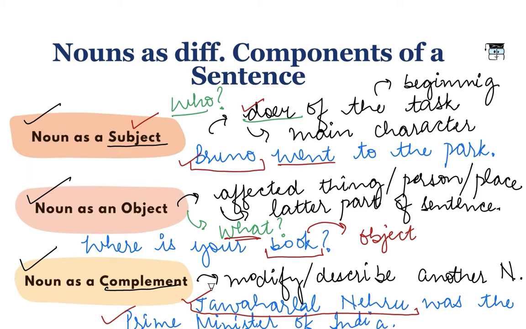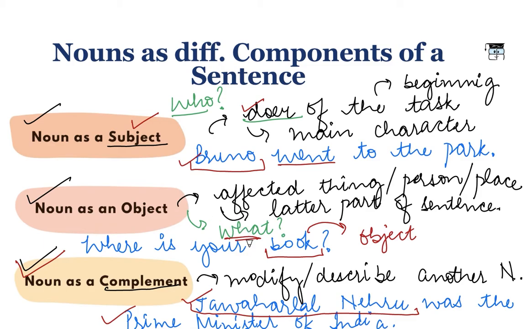The noun Prime Minister acts like a complement to Jawaharlal Nehru. Who was Jawaharlal Nehru? He was the Prime Minister. So a complement or tag can be given to another noun when we're talking about a pronoun here, right? So that is what is called noun as a complement.